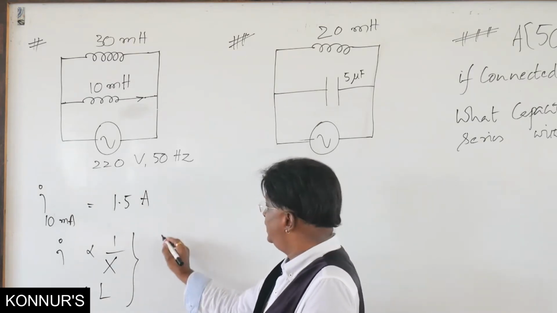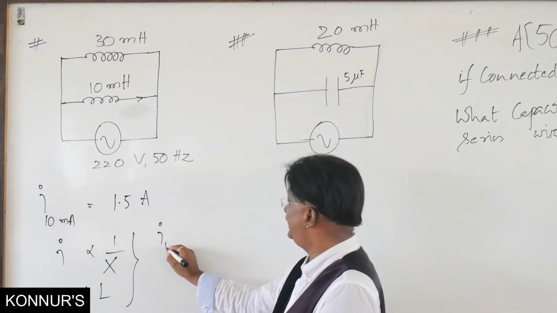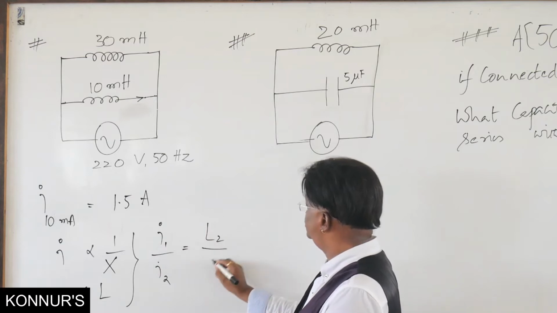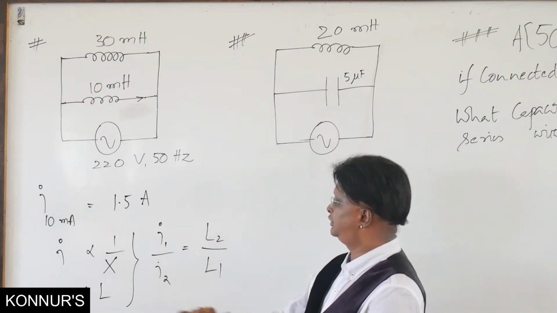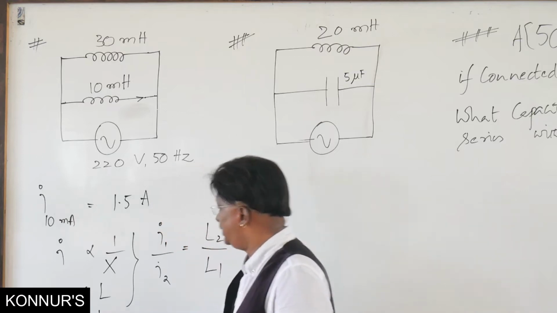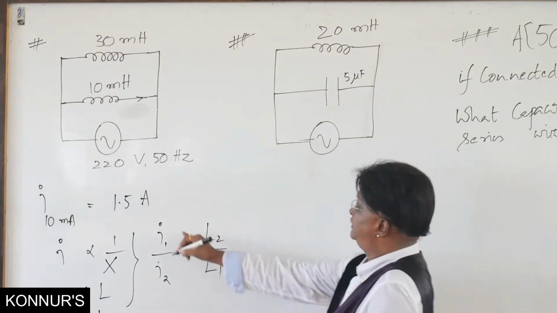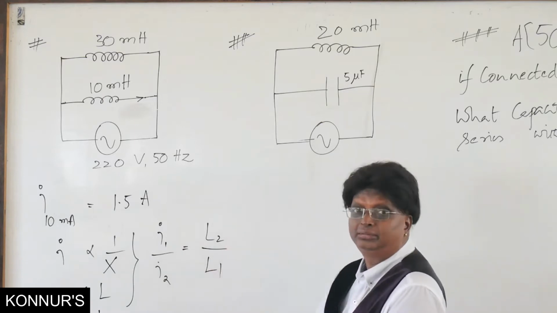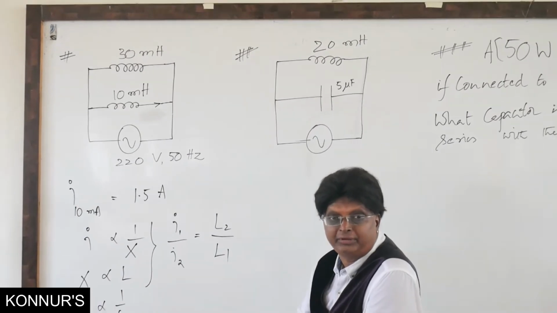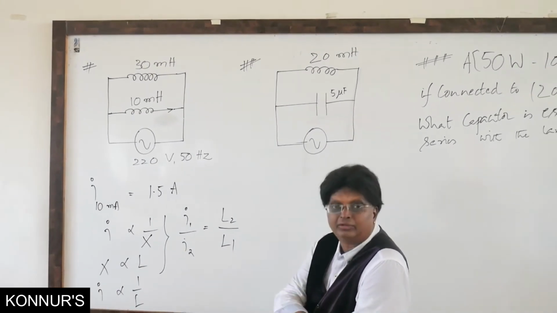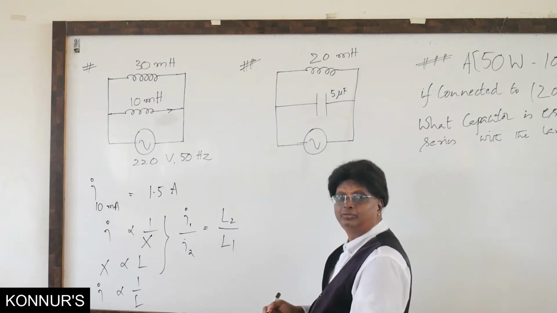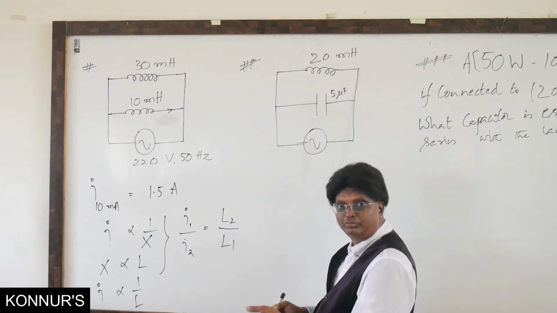Now when we combine these two, what is the result? I1 upon I2 is L2 by L1, because the result is I proportional to 1 by L. Whenever I write ratios like this for such examples, 1 I take for the given values, 2 for the unknown, the required values.